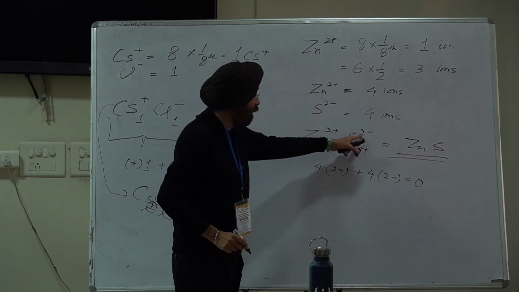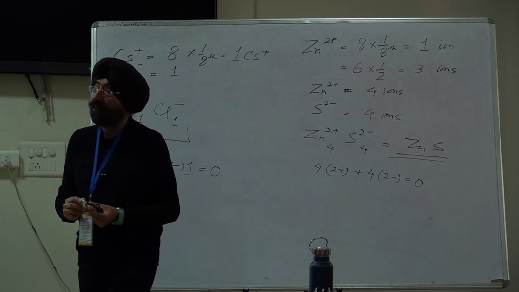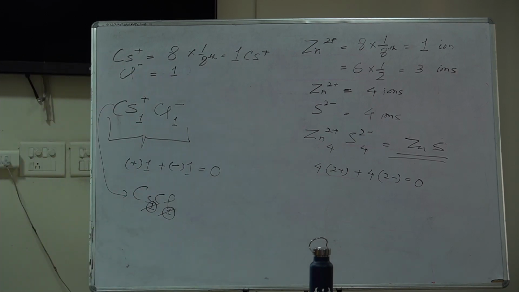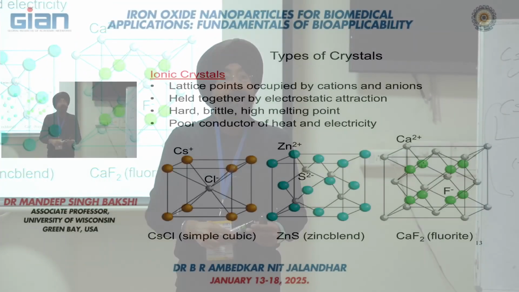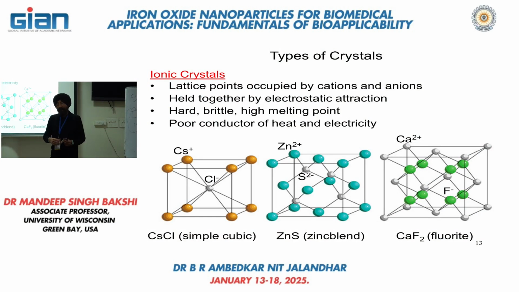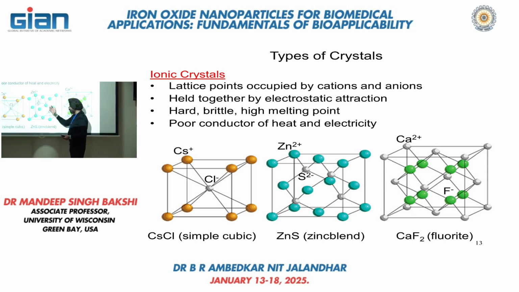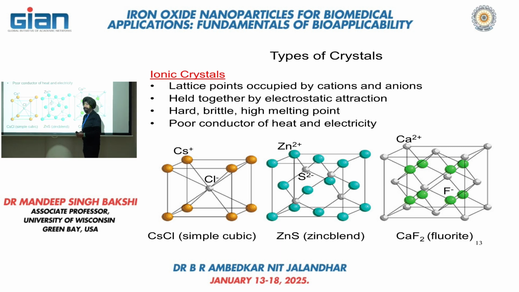You don't need to show the charges. You don't need to show how many atoms. That is the molecular formula for the sulfide that is repeating itself. Right. The name of the unit cell is cubic. This is the common name. If somebody asks you what is the zinc blende, you may say it's a common name for this salt unit structure, but the actual name is the cubic structure units.